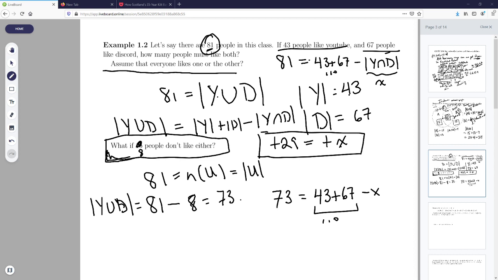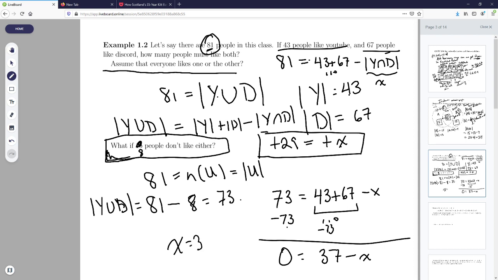Good. I'm going to do the algebra differently this time. If we subtract 73 over here, we get 0 is equal to 37 minus x. And now we just know that x is equal to 37 in this case.